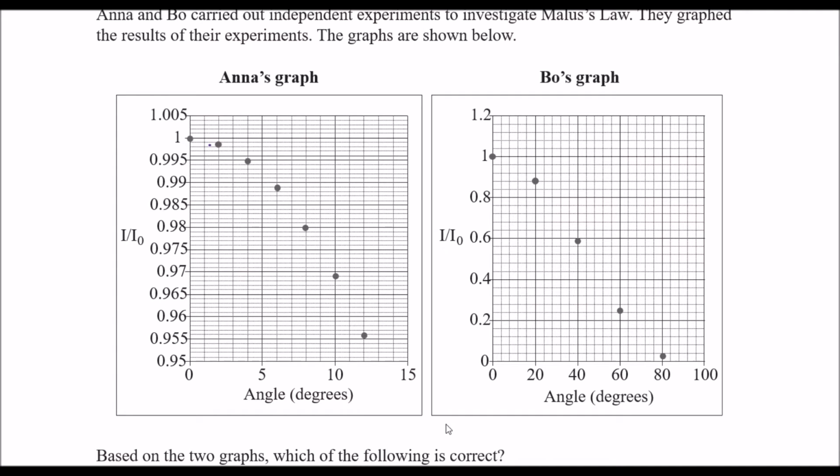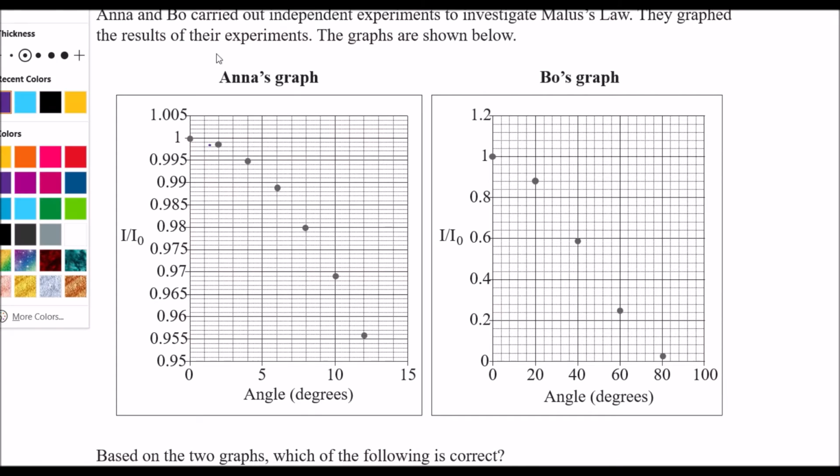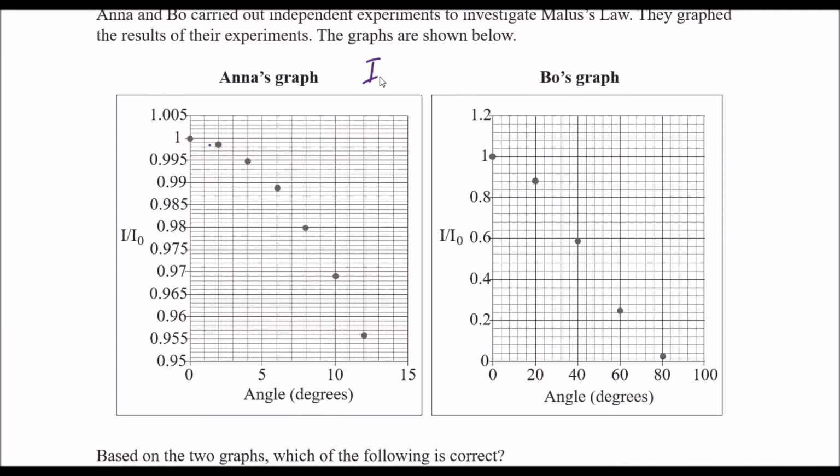Now, without looking at the choices, let's firstly look at the graph itself. If you actually look at it, the shapes look relatively similar, which is great. Malus's law, if you recall, the formula is I equals I0 cos squared theta.